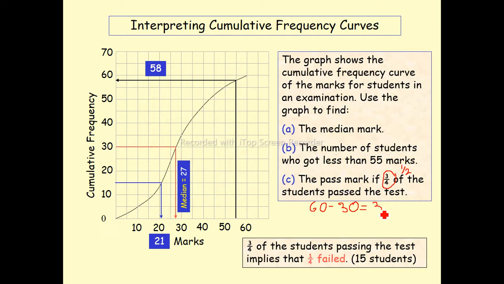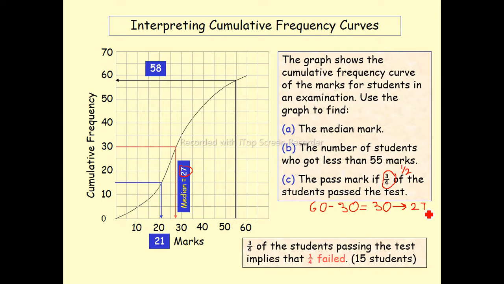That means that 30 people got less than a certain mark, and according to this, 30 people got less than 27%. So the pass mark, if half of the students pass, is going to be 27%.